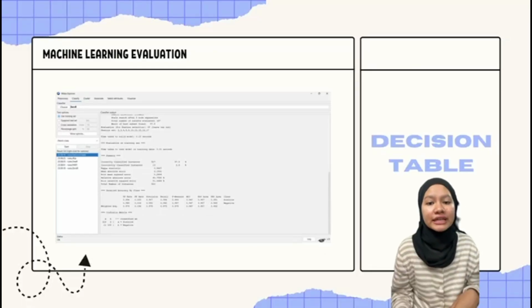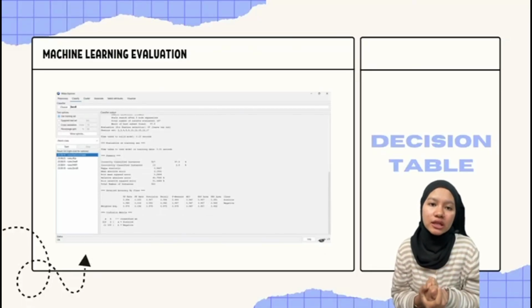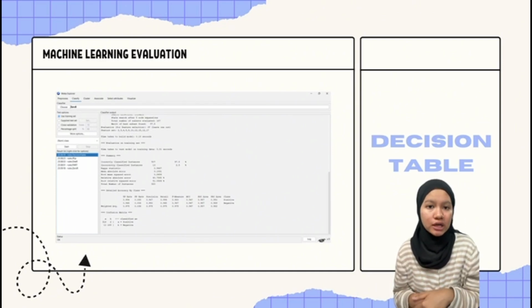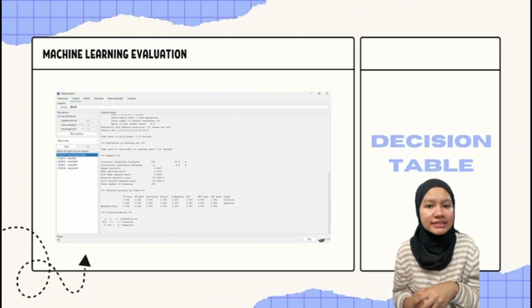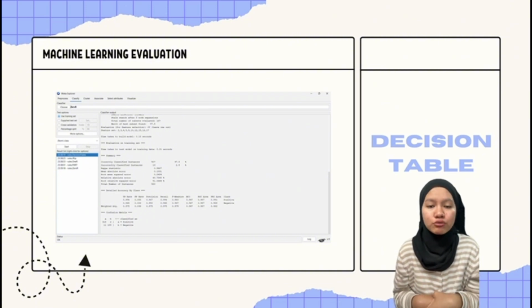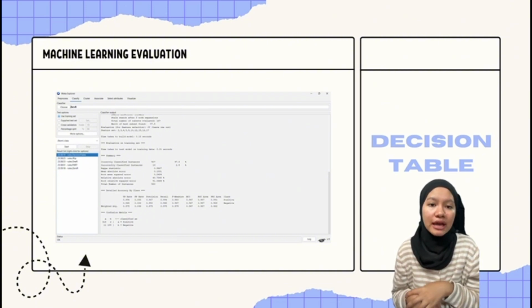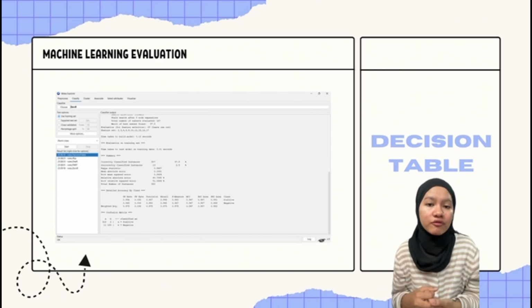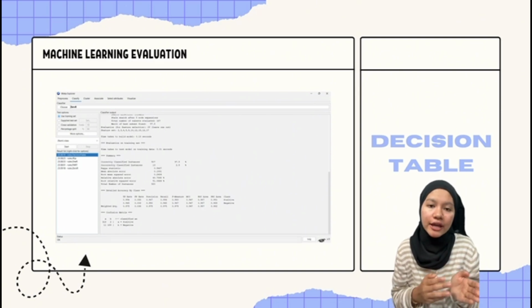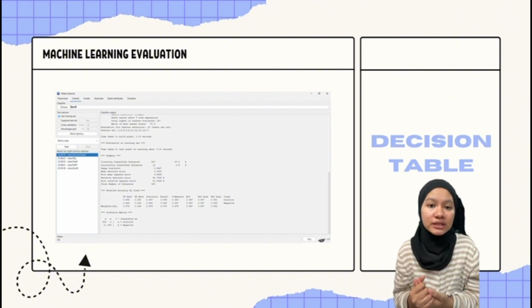Next, machine learning evaluation. The result of the decision table of the 0R classifier in the Weka Explorer interface indicates that this classifier, which makes the dominant class prediction, has a TP rate and an FP rate of 0.6 and 0.5 for the positive class, with precision and recall being equal to 0.6.